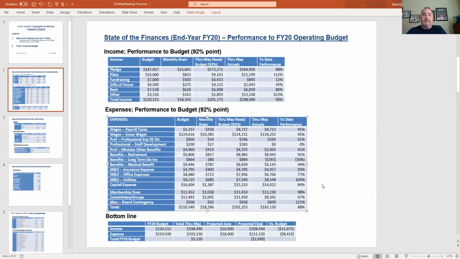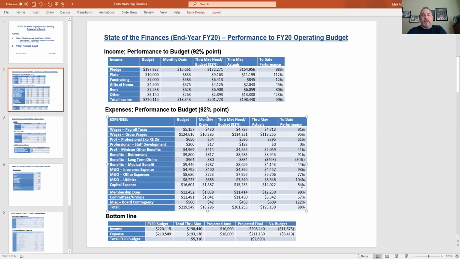On expenses, I'm not going to go through every one of these lines, but we are doing better than normal in several categories. First, look at professional expenses for the minister, the RE director, and things like the medical benefit. These are use-or-lose type funds. We've come under on those, so that's a benefit. We also came under on the capital expense, that's our loan.